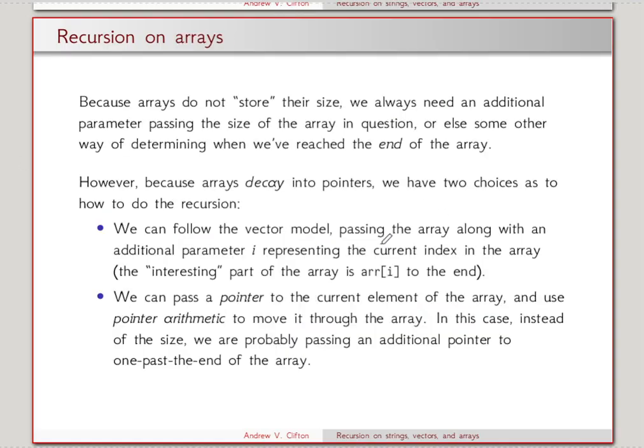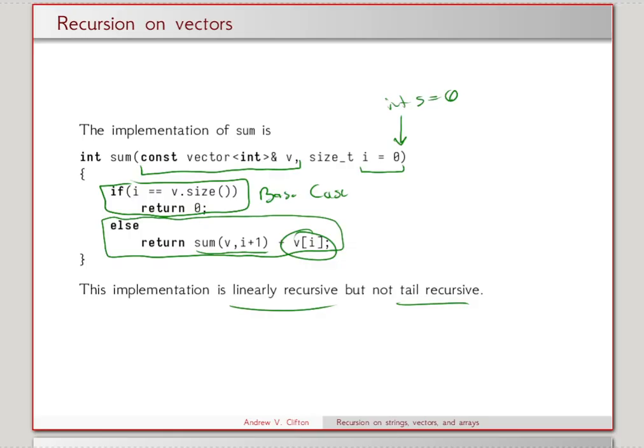So, let's see, am I doing the analysis over here? No, I'm not. So let's do the analysis here real quick. The time that it takes to get the parameters in is constant time. And then if we ignore the recursion and just look at everything else in here, the time taken to do all this is also O of 1. So the base runtime of this without the recursion is O of 1.